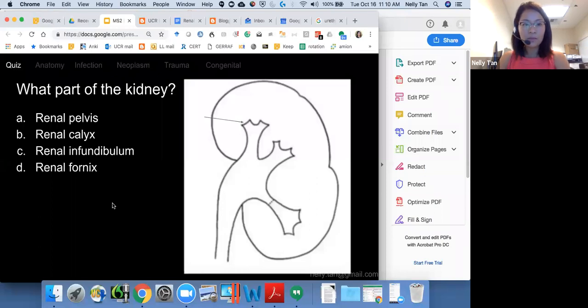What's the difference between the calyx and the fornix? It looks like we're split between those two responses. The fornix is the opening, like here. Okay, we'll review that. Any other guesses? Oh, I think maybe JJ was referring to this.